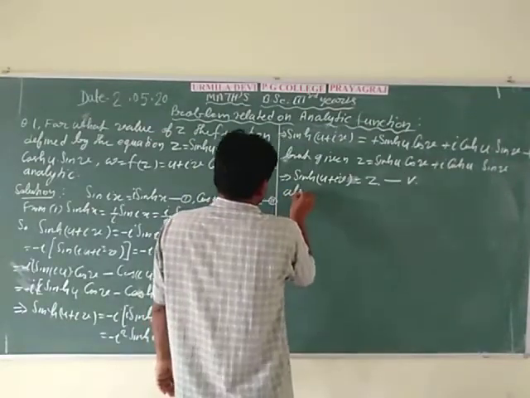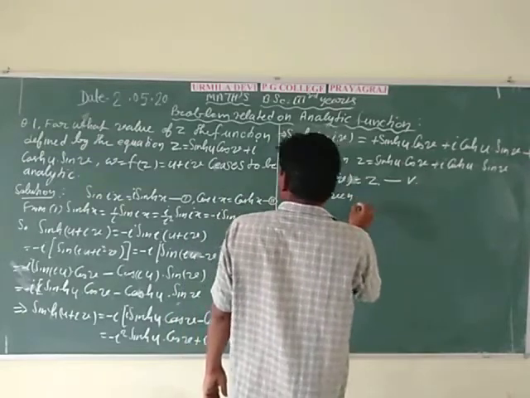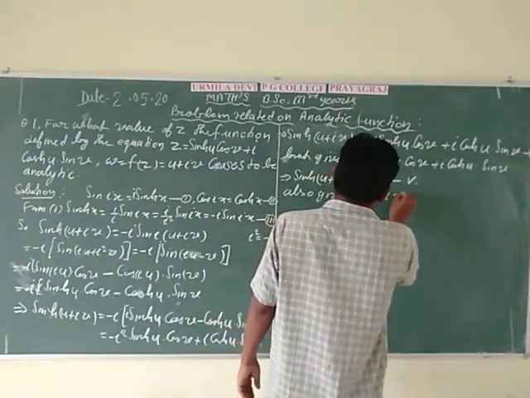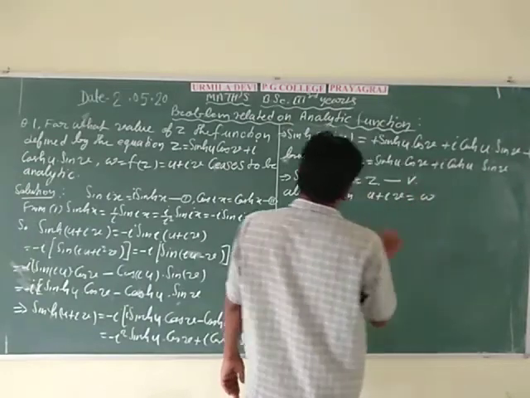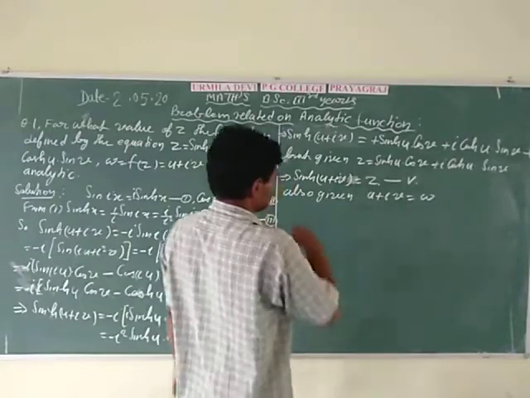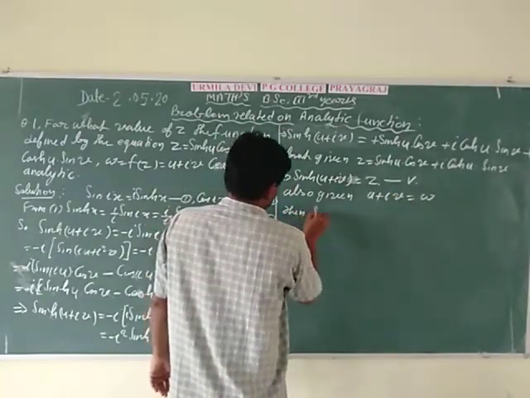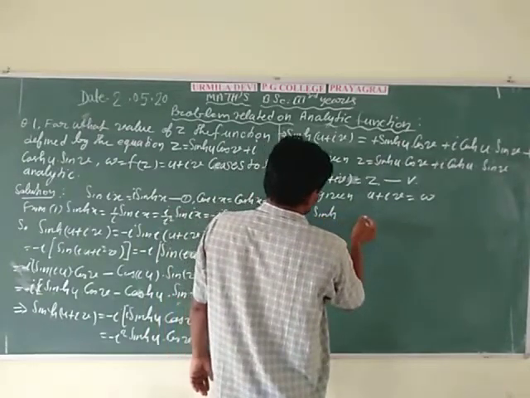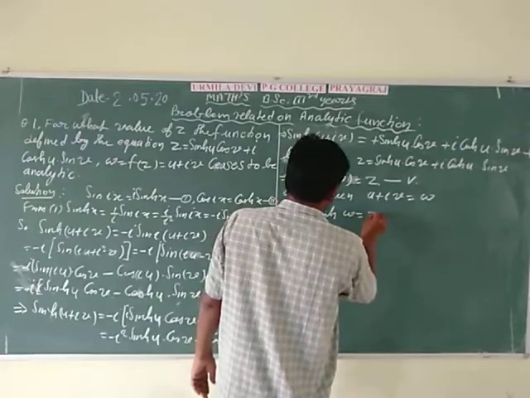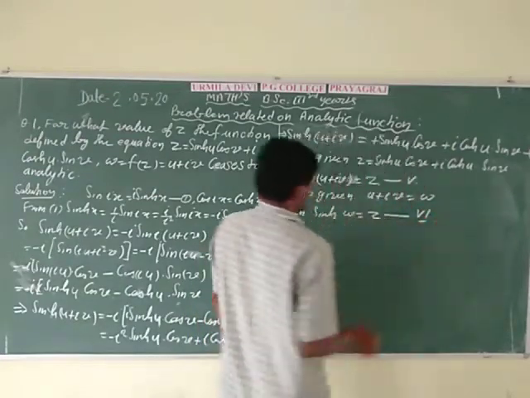Also given in the question, u plus iv is equal to w. Therefore, putting u plus iv equal to w in equation 5th, sin hyperbolic of u plus iv is replaced by w, so sin hyperbolic w is equal to z, represented by equation 6.